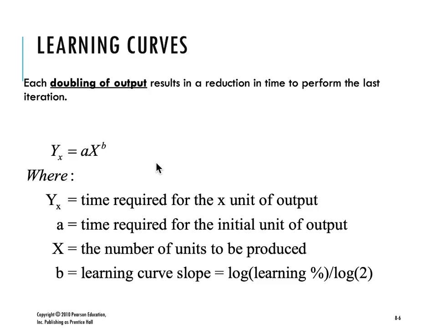In order to get the output, you need the initial unit of the output, for example the past unit, times the number of units to be produced, and this is basically to the power or log to the power of the learning curve. This is basically for your info.